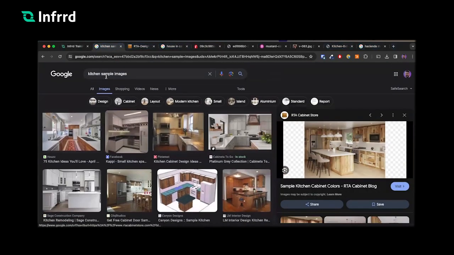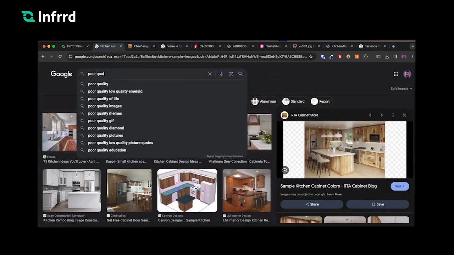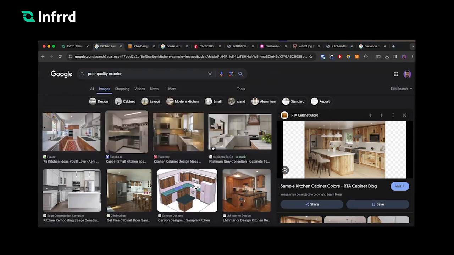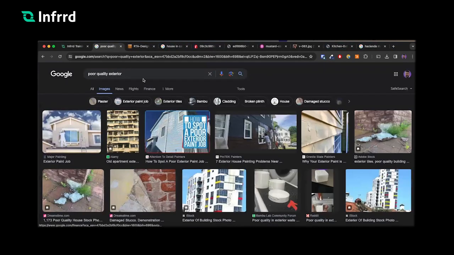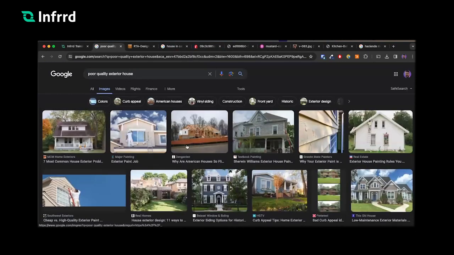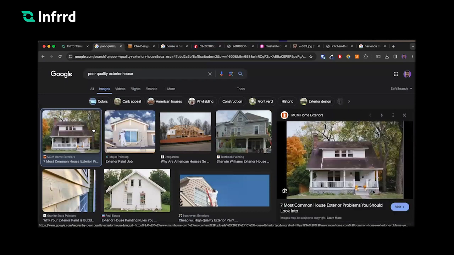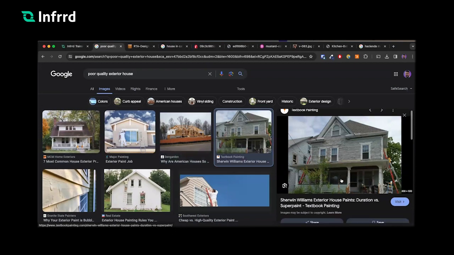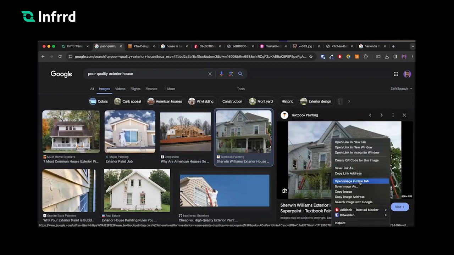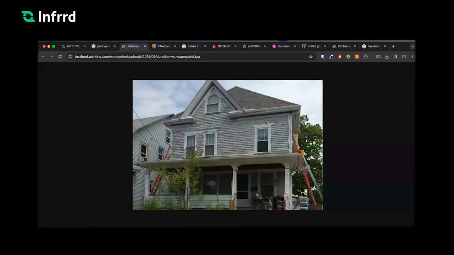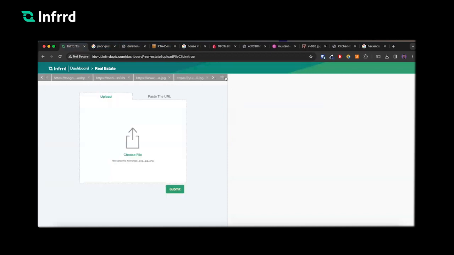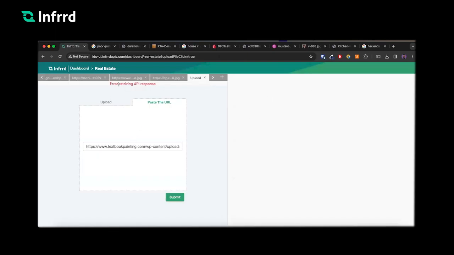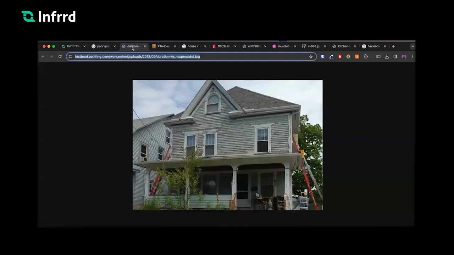Yeah, let's try a poor quality exterior. That would be a great last thing to try. Good quality exterior. Looks pretty good. This is like bare bones. Let's maybe run this and see. This is still in decent shape. Yeah, it's standing. Okay, never mind.